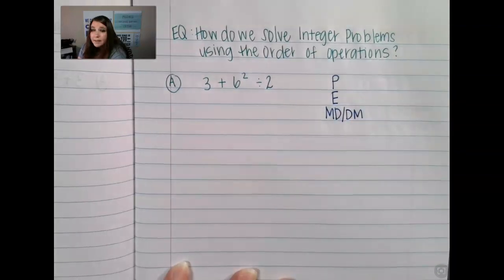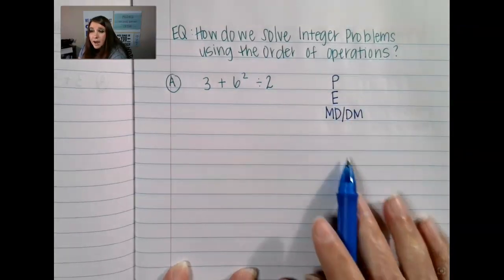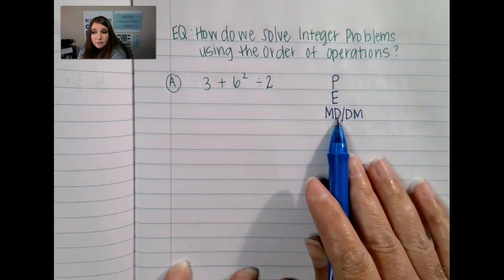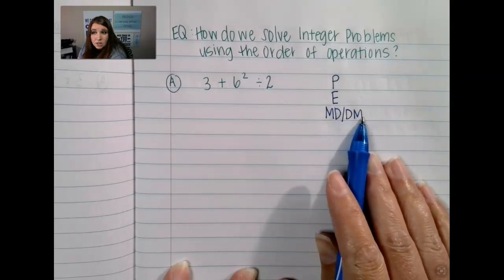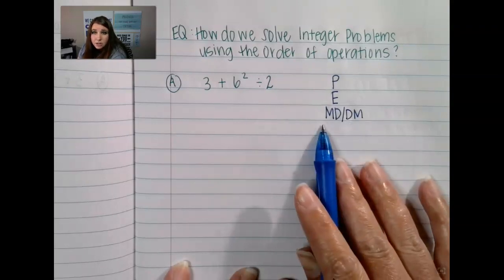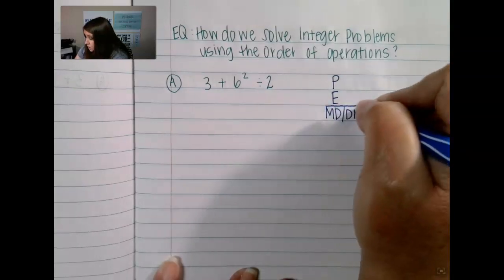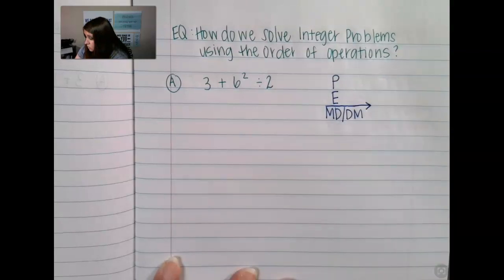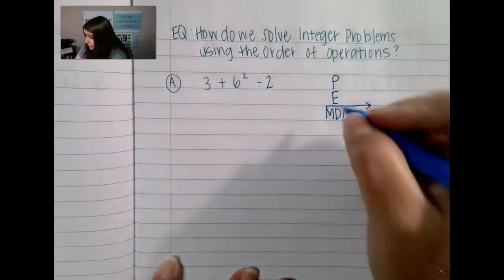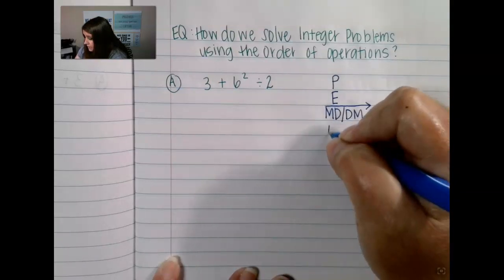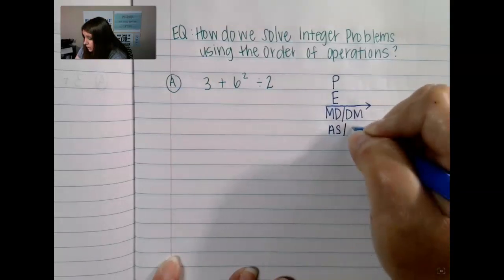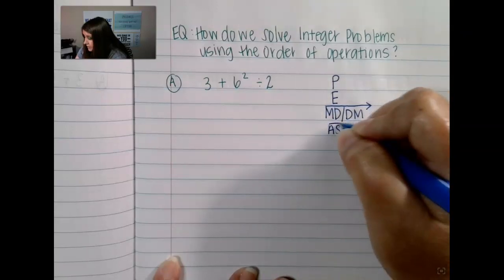I'm going to write PEMDAS like this. Notice that I've written multiplication and division, or division and multiplication, going either direction. It doesn't matter which comes first, as long as you go from left to right. If division comes first, we'll do division. If multiplication comes first, we will do multiplication. And then addition and subtraction, or subtraction and addition.